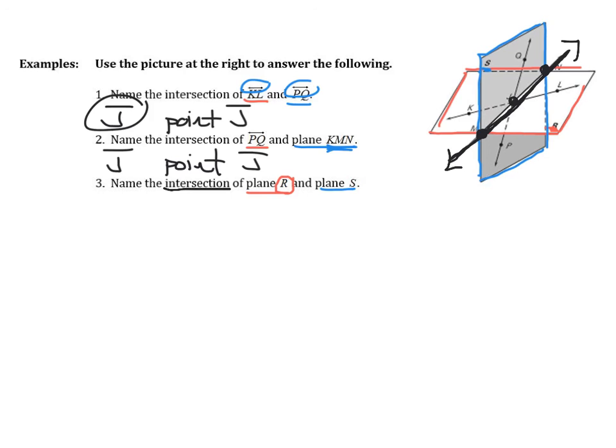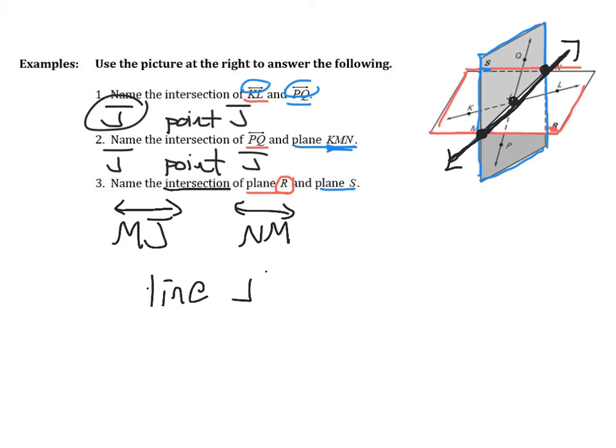Now, when I name my line, I only need 2 points to name it. So if you just want to go with MJ, that's fine. Make sure you include your symbol for line as well. If you want to use N and M, that's fine. Just make sure you include your symbol. Or if you don't want to use the symbol, you can just write out the word line followed by any 2 points on the line.